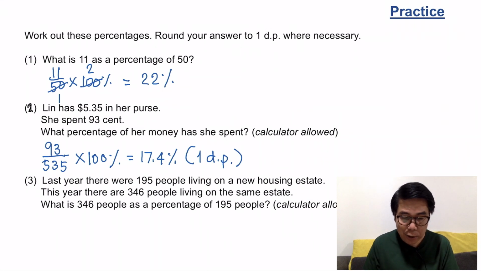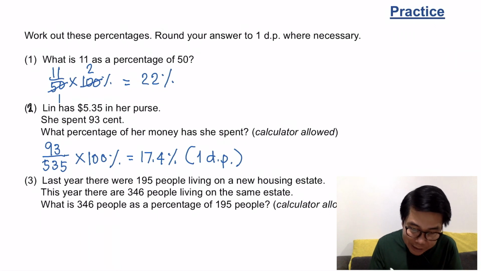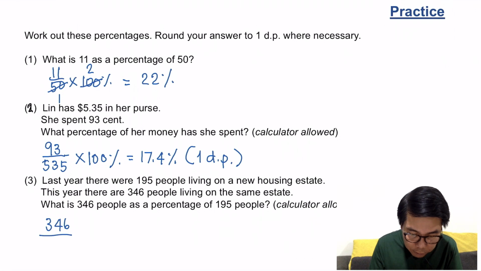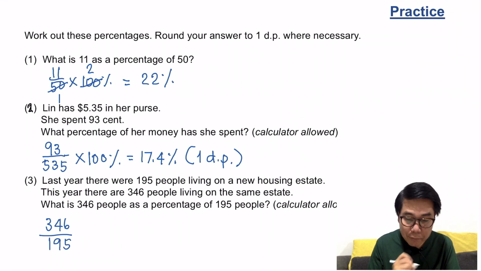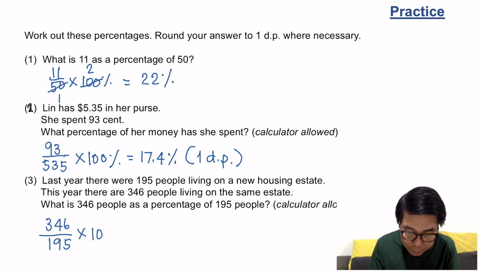Last year, there were 195 people living in a new housing estate. This year, there are 346 people living on the same estate. What is 346 people as a percentage of 195 people? In this case, we will have 346 out of 195, over 195, times 100%.